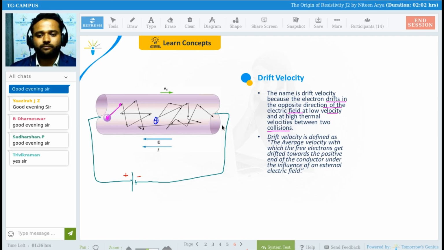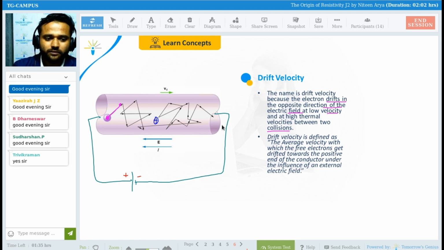Due to the collisions there is high thermal motion, because you can observe that when you hit something, that energy is somehow partly converted into thermal energy. Thermal means they're going to heat up. So when they collide with themselves, electrons will collide with ions. This is the point they write: at high thermal velocities between two collisions.